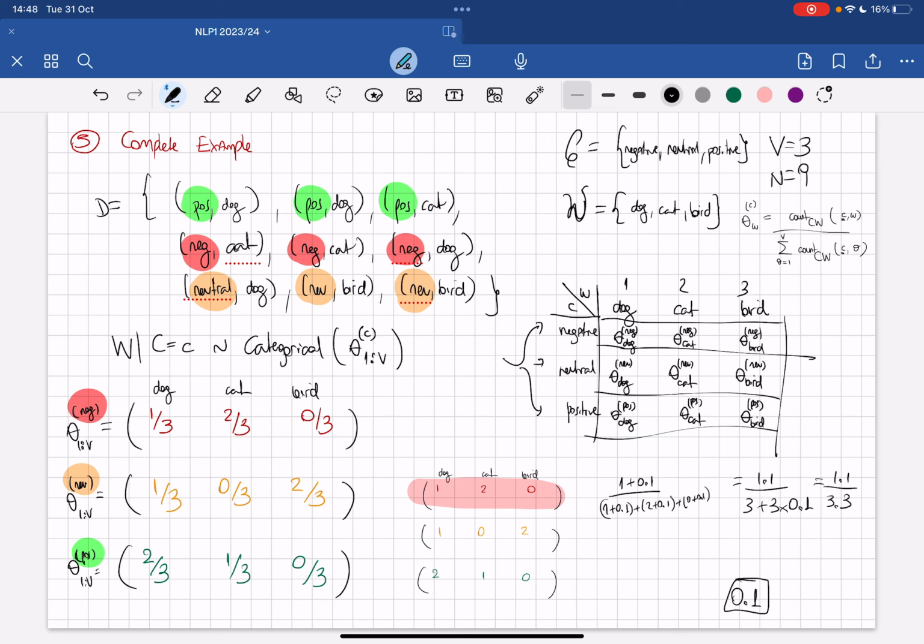So this would give me the possibility to compute the probability, smoothing it while performing that computation. And smoothing means reserving probability for unseen outcomes. This was for dog. If I had to compute for bird, then that would be 0 plus 0.1 divided by 3.3.